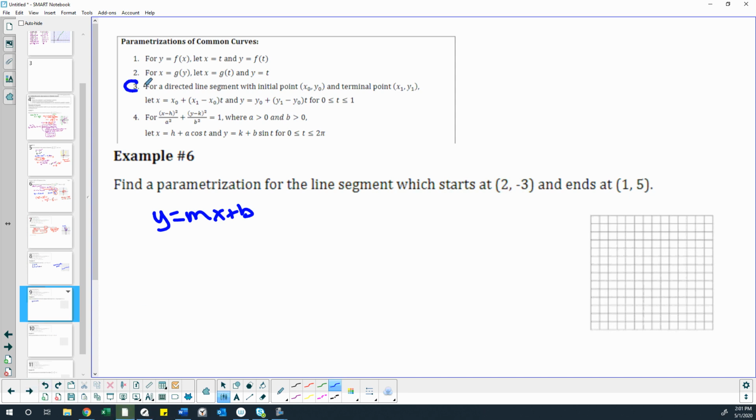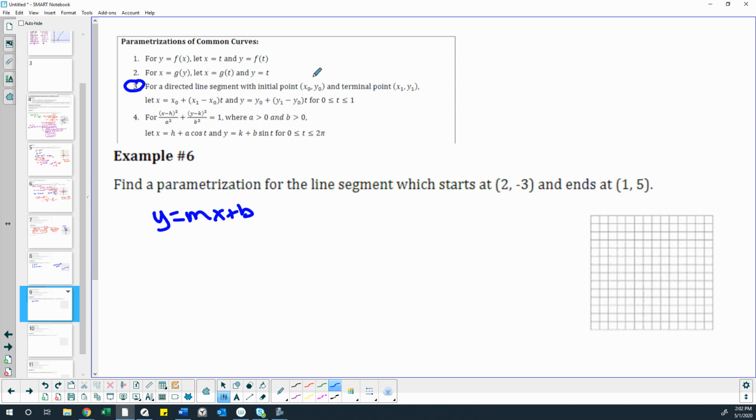Item 3, for a directed line segment with initial point and terminal point, let x equal x naught plus x1 minus x naught times t, and y equal y naught plus y1 minus y naught times t, for t from 0 to 1. Okay, so let's go ahead and just follow that formula.